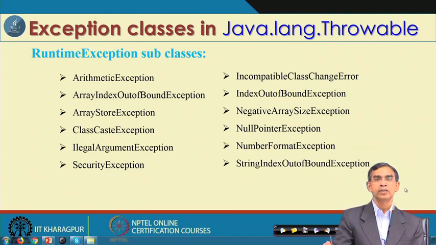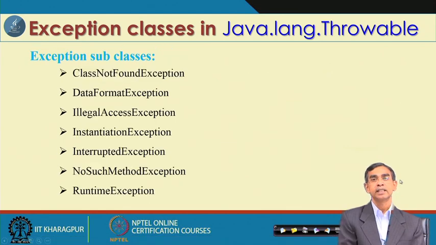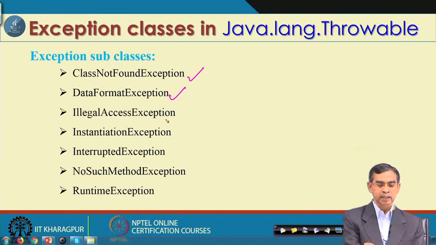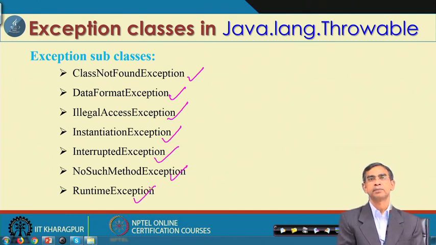Now, there is also another class, the Exception subclass. In this Exception subclass there are a few more exceptions that it may handle: ClassNotFoundException, DataFormatException, IllegalAccessException, InstantiationException, InterruptedException, NoSuchMethodException, and RuntimeException. These are the different types of exceptions.